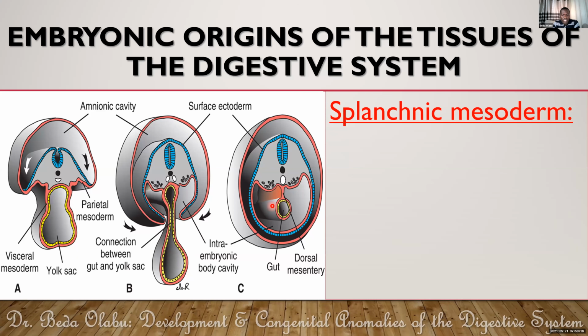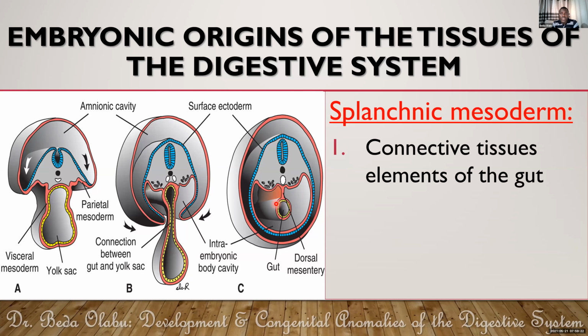And so it has to give rise to something. Splanchnic mesoderm gives rise to connective tissue elements of the digestive system. So it could be the lamina propria, or it could be the submucosa. Whatever it is, it comes from splanchnic mesoderm.